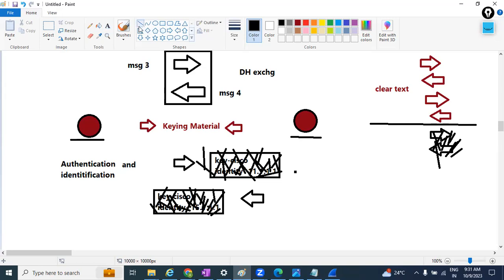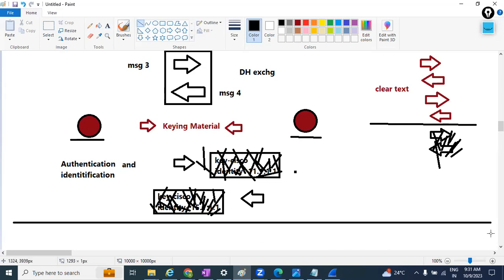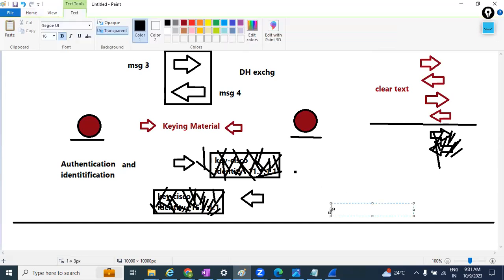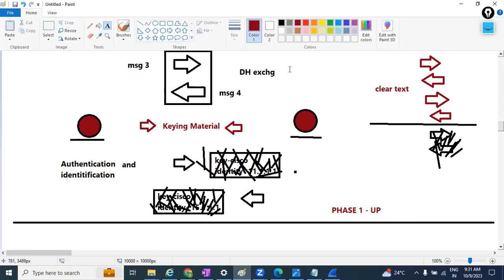And now if authentication has been done successfully, my phase one is complete. In case authentication failed, or if anything out of these three things fails, let's consider Hash itself fails, there is no communication further.